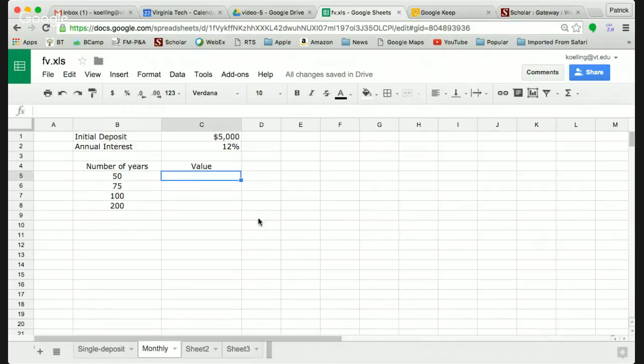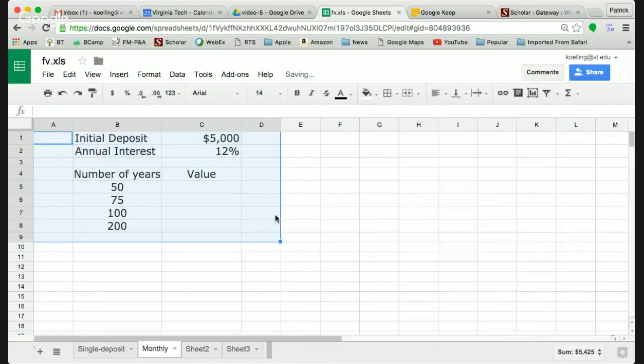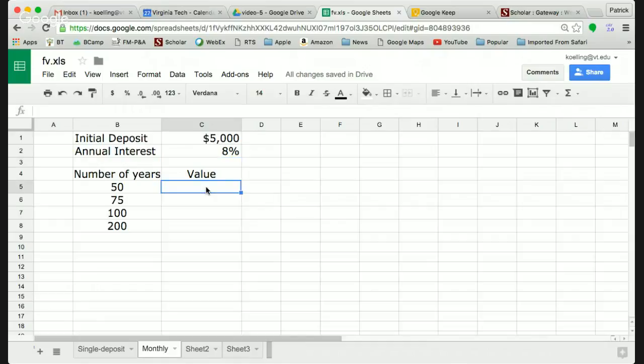Let's look at this next spreadsheet, worksheet, just for a moment here. I'm going to make the font a little larger. So what if we had an initial deposit of $5,000, annual interest? Let's change the interest rate here. Let's make it 8%. What is the value of that in 50 years?